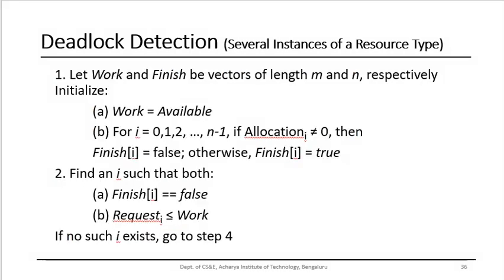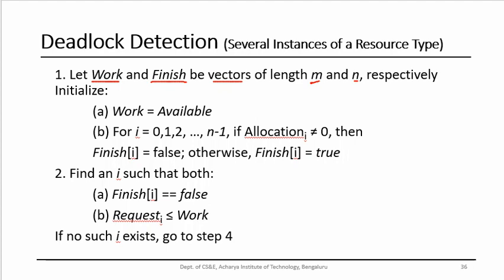So this algorithm looks similar to the safety algorithm which was used in Banker's algorithm. Here also we use Work and Finish data structures. Both are vectors of length m and n respectively, where m indicates the number of resource types and n indicates the number of processes.